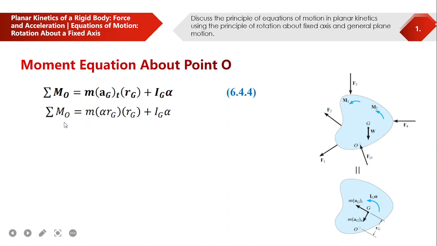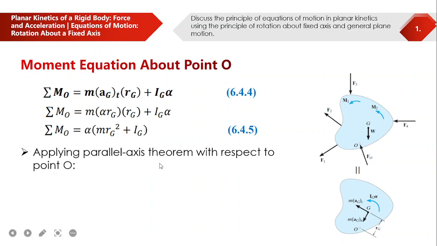So summing of all the moments at point O is equals to the mass times the angular acceleration times r sub g times r sub g plus I sub g alpha. Okay? So therefore, the summation of all the moments at point O is equals to alpha times m times r sub g squared plus I sub g. Now, nilabas lang natin, factor out natin yung alpha or the angular acceleration so that we can have this final or simplified equation for our summation of all the moments.